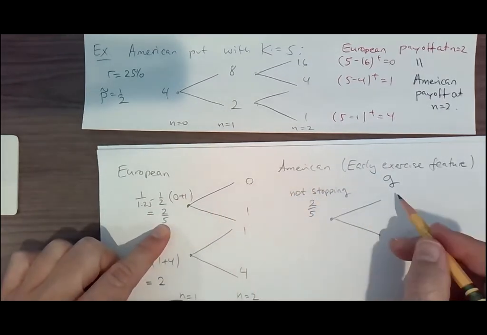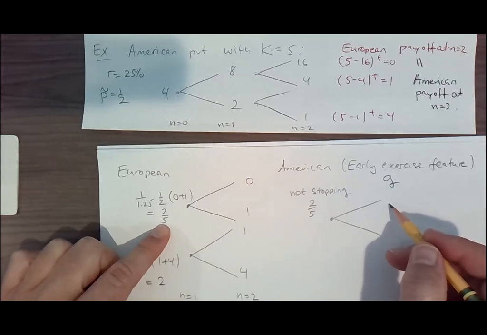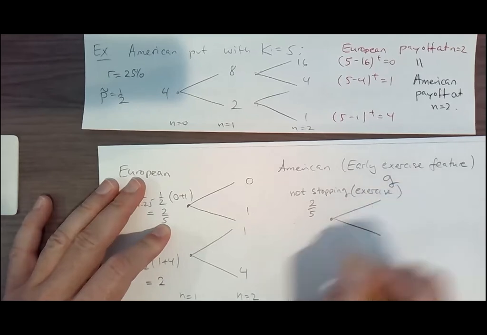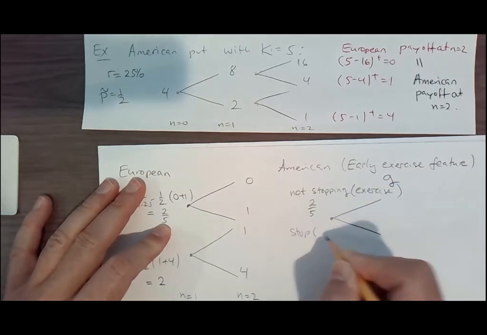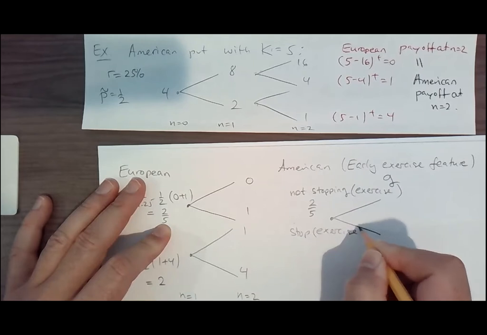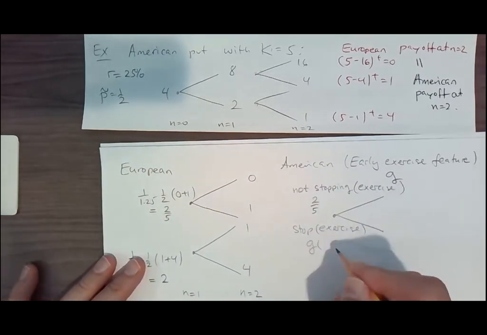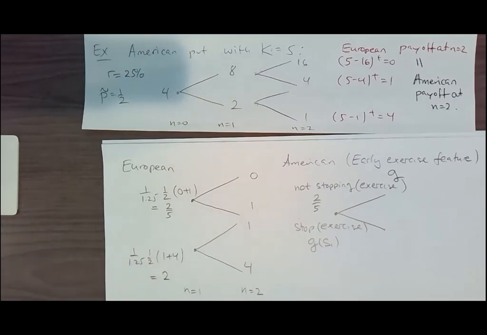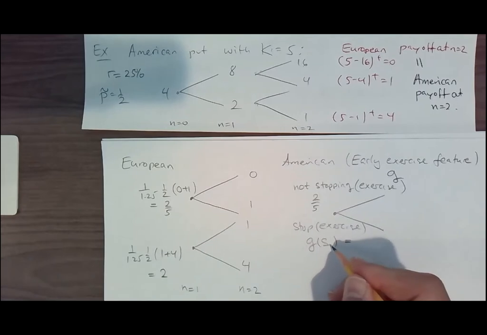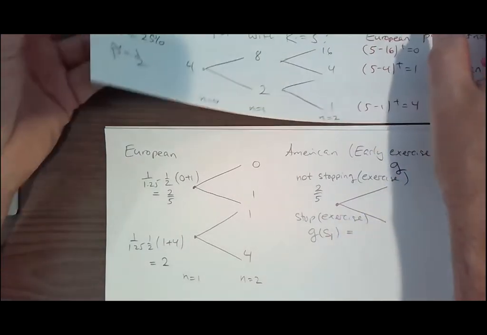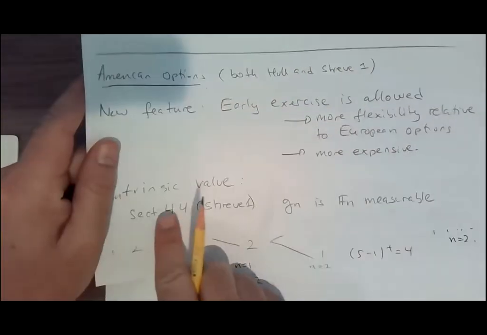Because that's the value of the payoff you get out here at the end. But you can also exercise, or stop, and if you exercise, then what do you get? Well, then you get g of S1. And what is g of S1? We usually don't stick the stock price at earlier times into the payoff function, but g here is this intrinsic value.